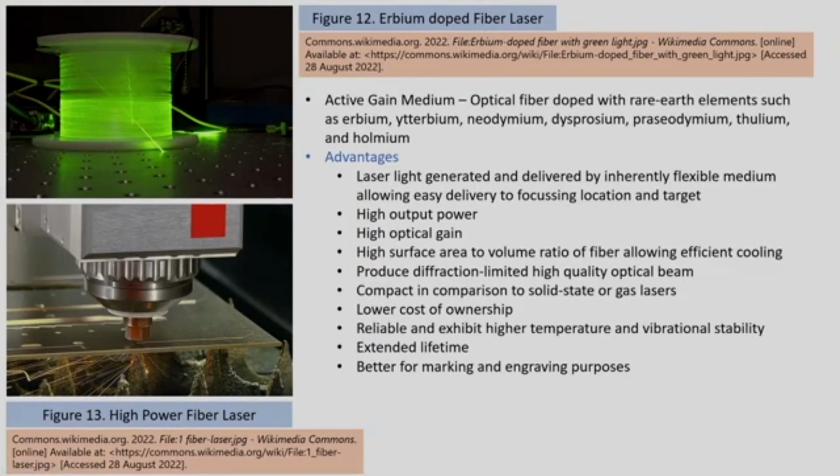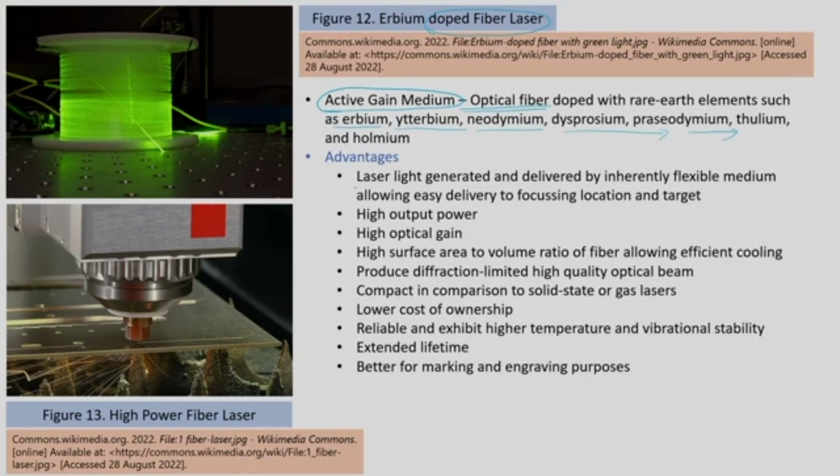We can also use doped fiber lasers during the welding operation. Here the active gain medium is optical fibers which are doped with rare earth elements such as erbium, ytterbium, neodymium and many other materials which are mentioned on the slides.